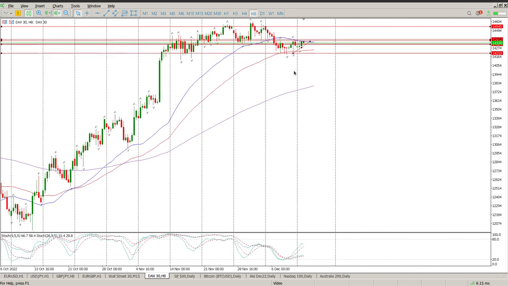But end of the day, that is sideways on the 8-hour, so we should be just sitting back and waiting for better structure. And I do not like the way the oscillators are looking on the 8-hour. This is all indicating potential top move down. So yeah, that's kind of my view at the moment.